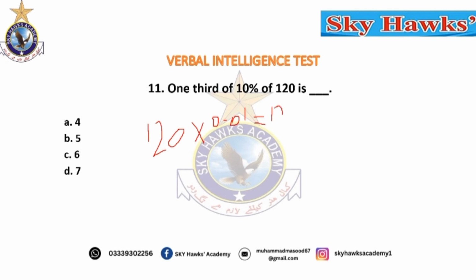Next we have to find 1/3 of 12, which is found by dividing by 3, so 12 divided by 3. This will give us the answer of 4. So our correct answer here is 4. Clear?